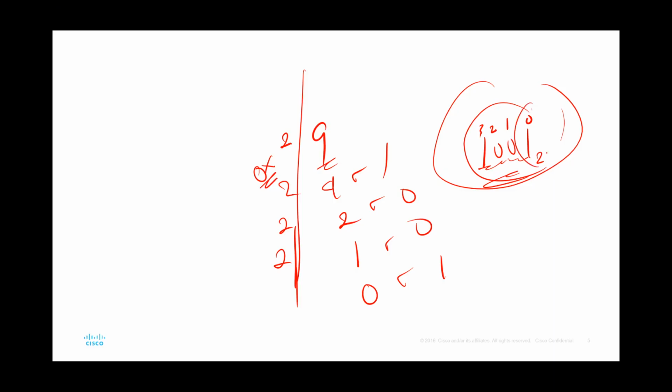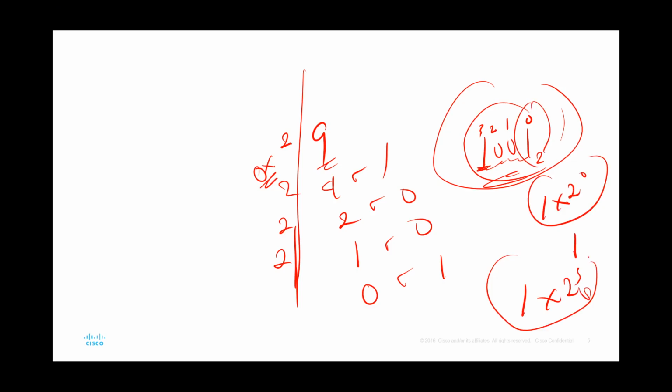The first one gives 1 multiplied by 2 raised to the power 0, which is 1. The last one is 1 multiplied by 2 raised to the power 3, which gives 8. 8 plus 1, we got 9. So what's the difference? When you are expanding, this one lands on 3, unlike the other one that landed on 7. That one is 8 bits, this is 4 bits.